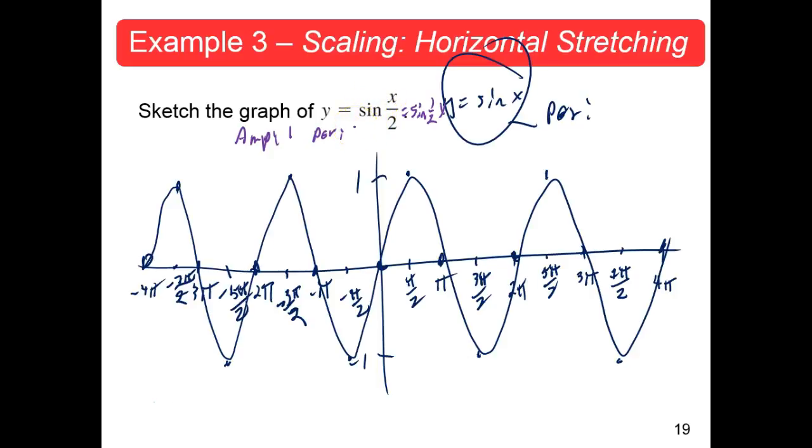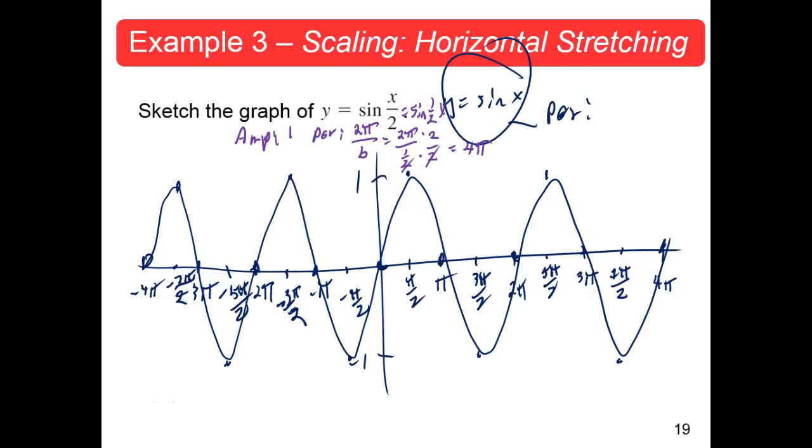What's the normal period? 2 pi, but now, since you've got a b, it's divided by b, so that'll be 2 pi divided by 1/2, which is the same as multiplying numerator and denominator by 2 to wipe out your denominator there, right? And that gives you 4 pi. Your period is 4 pi now.